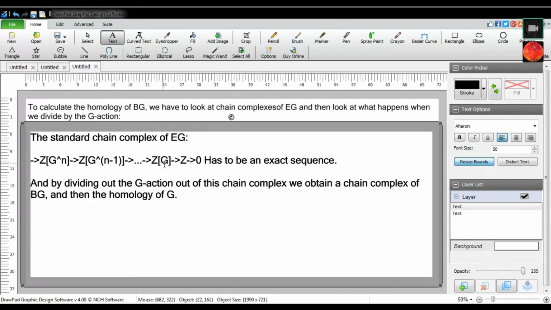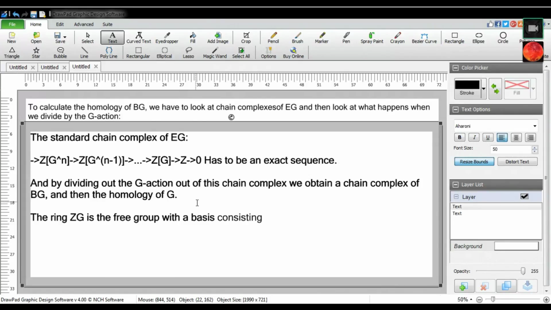So a G module is just a module over the ring ZG. The ring ZG is a free group with a basis consisting of all elements of G with the obvious multiplication.